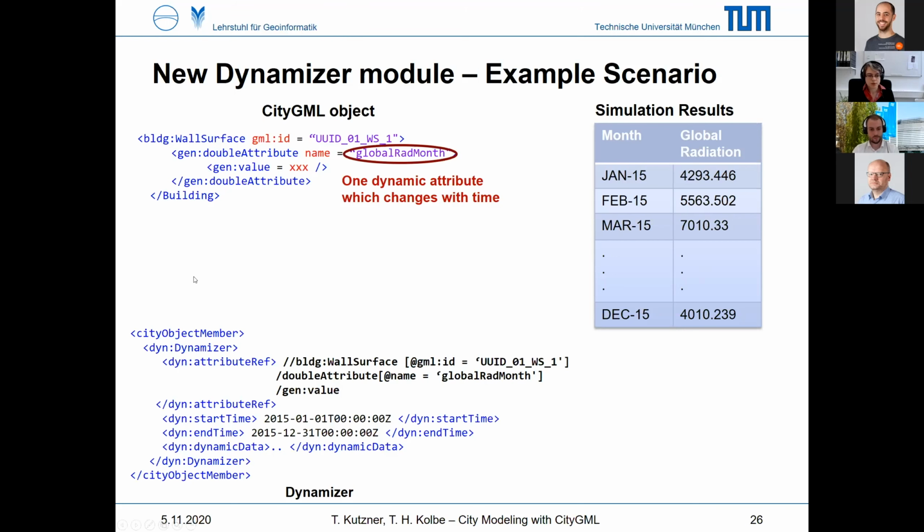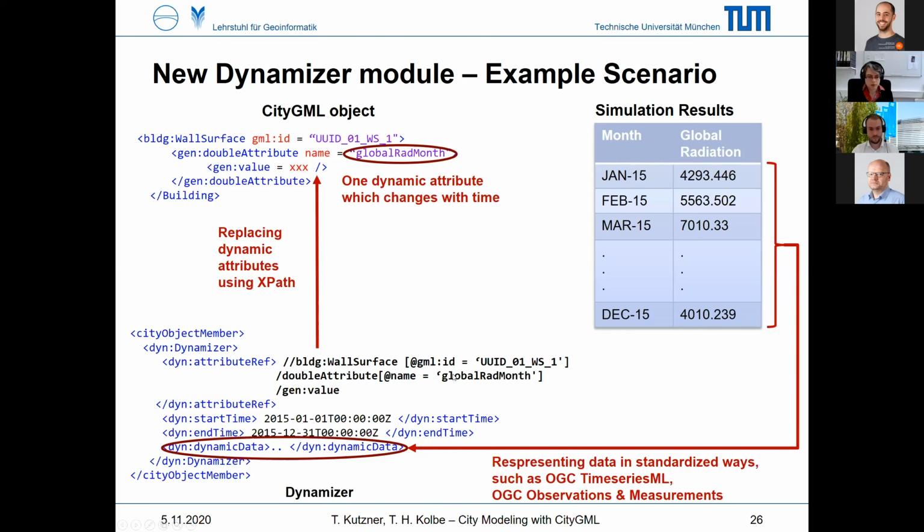And then we use this dynamizer object. Here we say what is the start time and the end time of our simulation results, and we reference them. Here below in this dynamic data, we provide the simulation results, and we say that these simulation results should replace this static value on top.